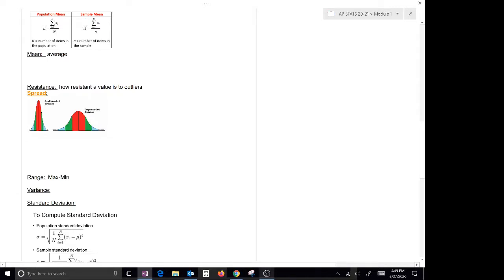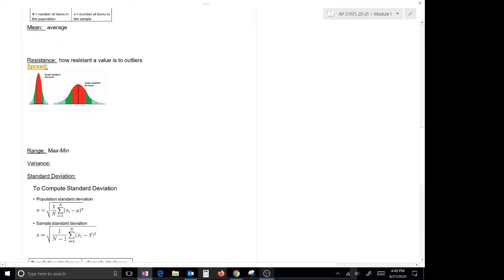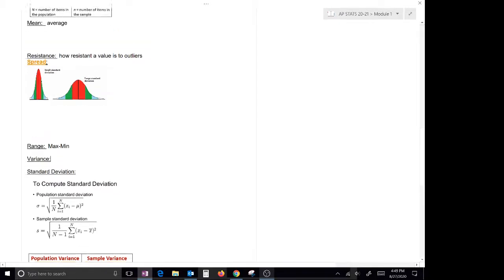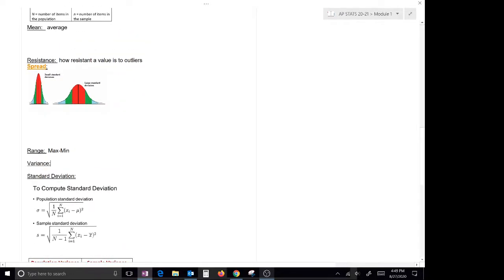Then there are variance and standard deviation. Range is very vulnerable to outliers, so it doesn't have very good resistance, and we always want measures that have good resistance to outliers. Instead of just using range, where we know our maximum, minimum, and the spread between them, we want to know how each data point on average differs from the mean.